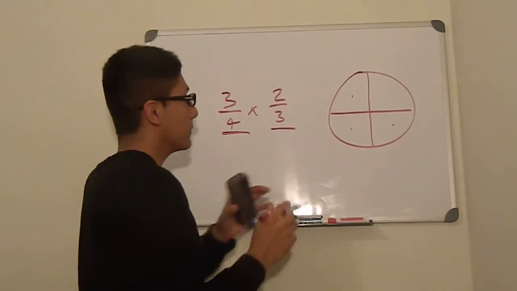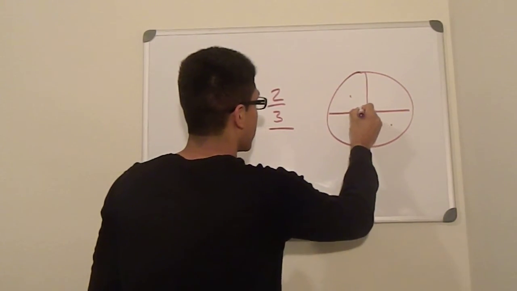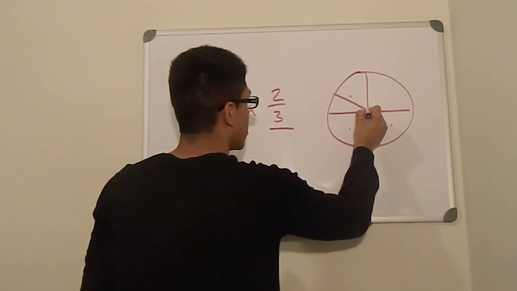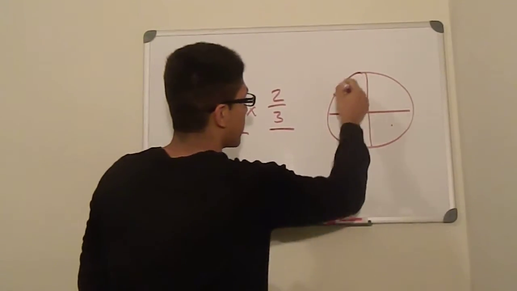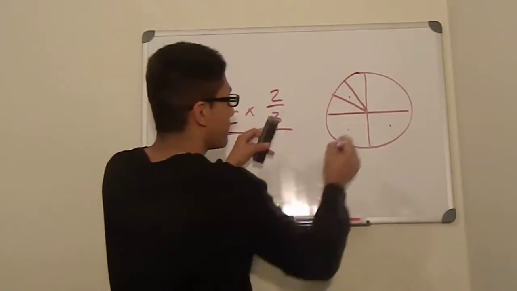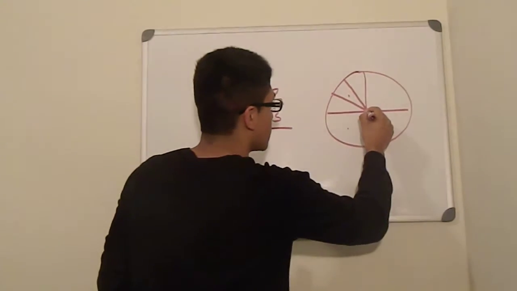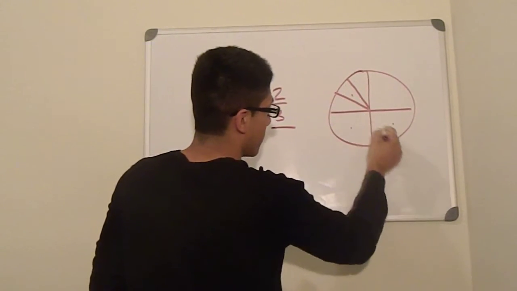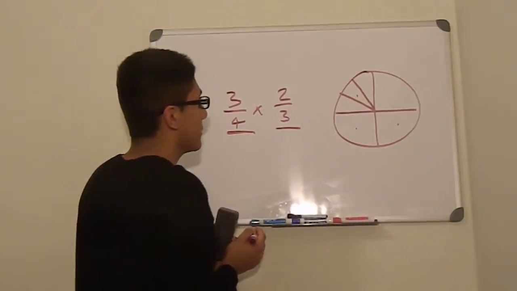So the way that I think about it is, we're going to split this one up into 3 sections. This piece right here is just 1/4, and we're going to split it up into 3 sections. Now, we're actually doing that for the whole circle, for each 1/4 piece, but for simplicity, I'm just going to split this one up.